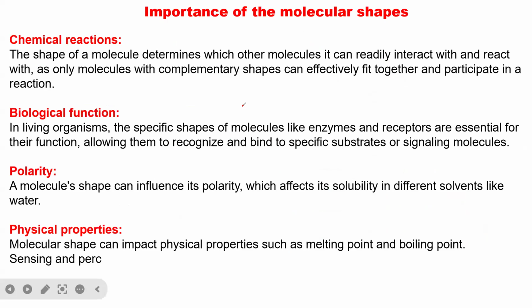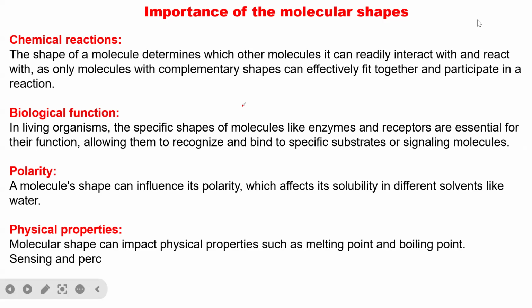So then the next thing is the importance of molecular shapes. One, molecular shapes are important in chemical reactions. The shape of molecules determines which other molecules they can readily interact and react with, as only molecules with complementary shapes can effectively fit together and participate in a reaction.